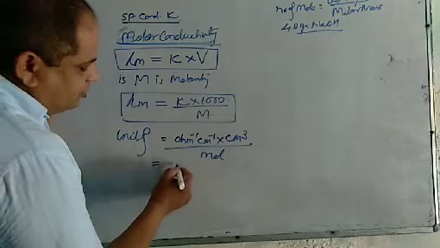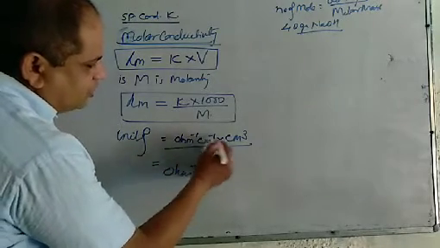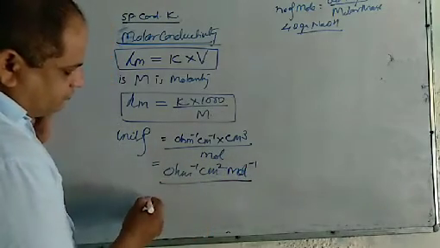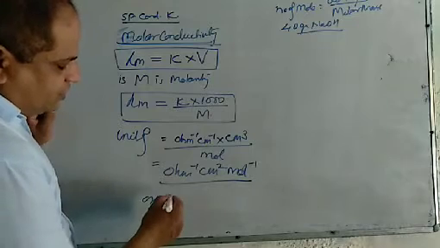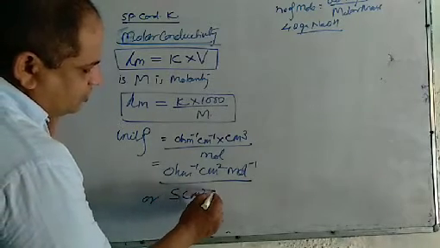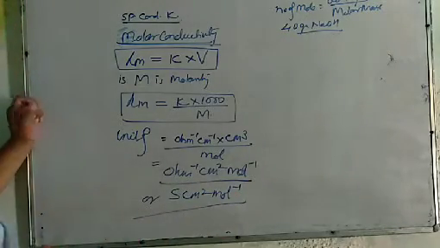So unit will be ohm inverse centimeter square mole inverse, or ohm inverse written as Siemens, Siemens centimeter square mole inverse. This is the unit of molar conductivity.